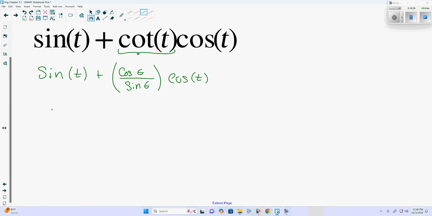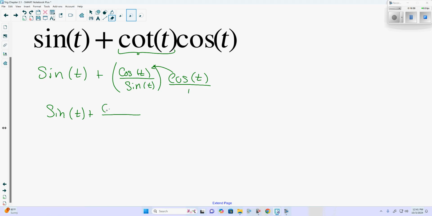Okay. We can multiply these here. And when we multiply cosine of t by our cosine over sine, and that should be t, not theta, we multiply with the cosine on top because it's cosine of t outside, which is really just cosine of t over 1.